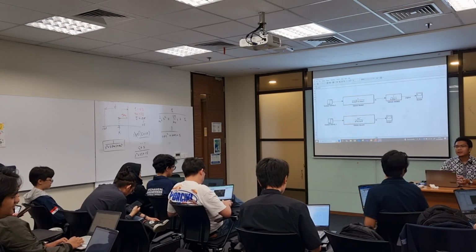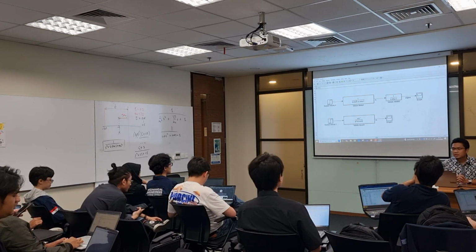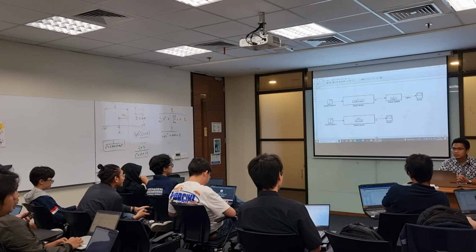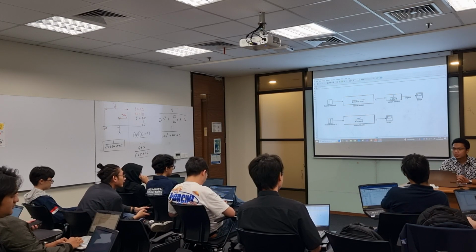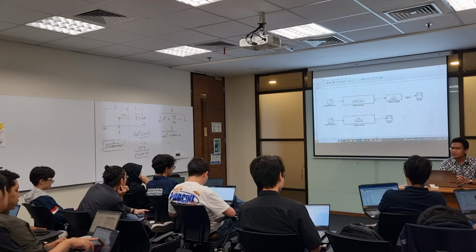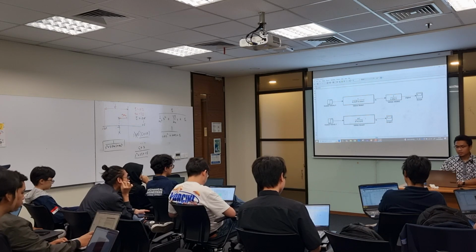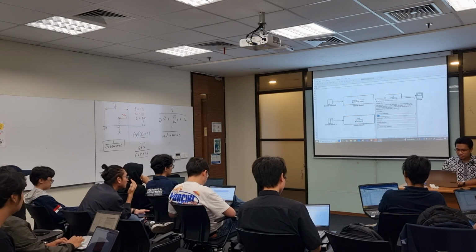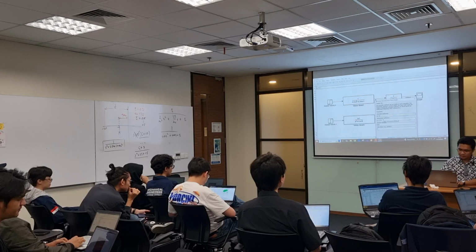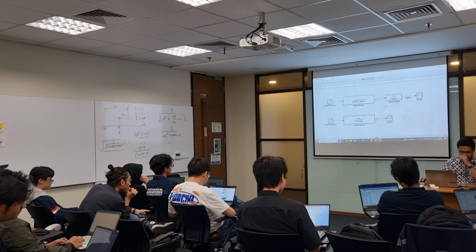If I set my zero to be on the right half plane, will my system be stable or not? Zero. If my zero is on the right half plane, will it still be stable? Stable, yeah. Let me move it to the right half plane, -1, and see what's the result.